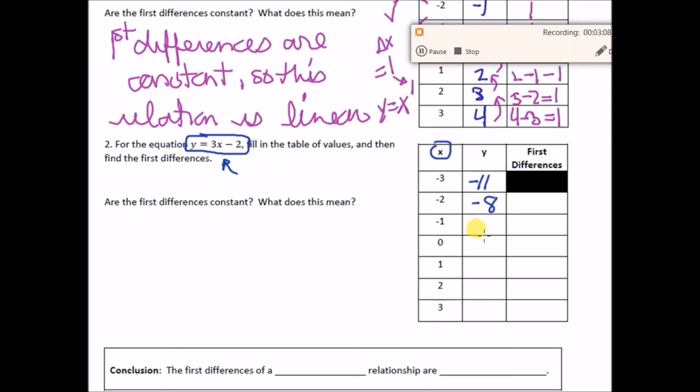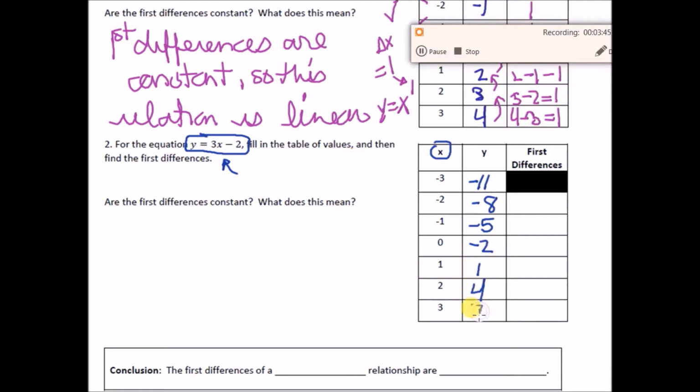And we continue to go. 3 times -1 is -3, minus 2 is -5. See how these are going up by 3s each time? And then 1, 4, and 7.